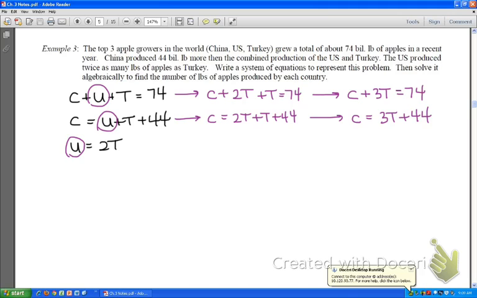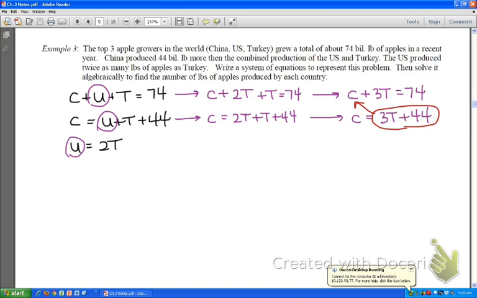All right, so now what I'm going to do for my next step, what am I going to do now? Yep, we're going to take this quantity and plug it in for this c in this equation, and then I'll have an equation all in terms of t, right?